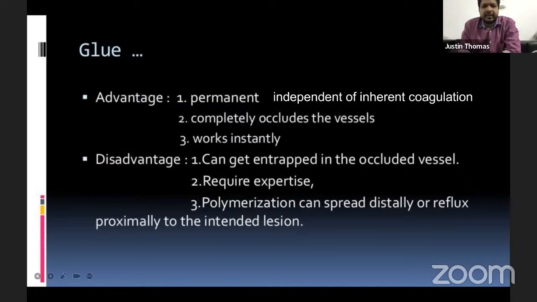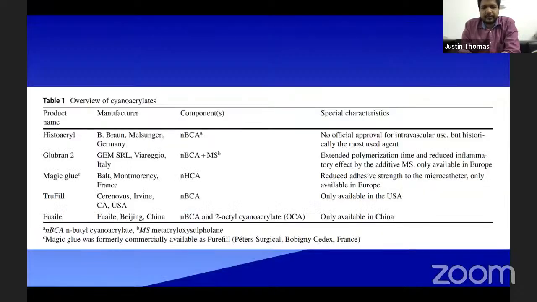But the problem is that due to quick polymerization, it can get entrapped in the occluded vessel, and there is a steep learning curve for glue injections, and inadvertent injection can lead to reflux or spreading distally, causing much more serious problems.